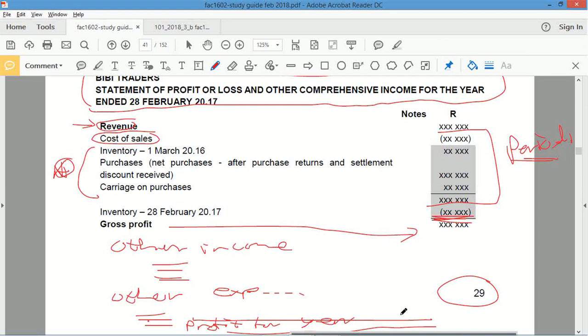Rent income is 10. Interest received is 5. Profit on sale of an asset is 15. How much does that add up to? 30. So where did you put the 30? The other income, on the other side. The total goes there.